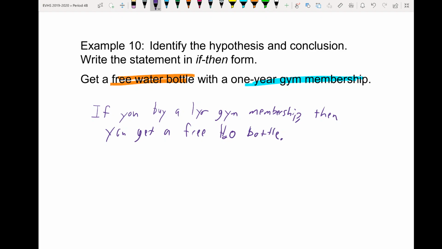And the reason I say buy is a fair assertion is because that's the way these things work: you buy a membership, and by purchasing their product, they give you something else for free of lesser value. You buy the $50 gym membership per month and they give you a $2 water bottle for free, not the other way around.